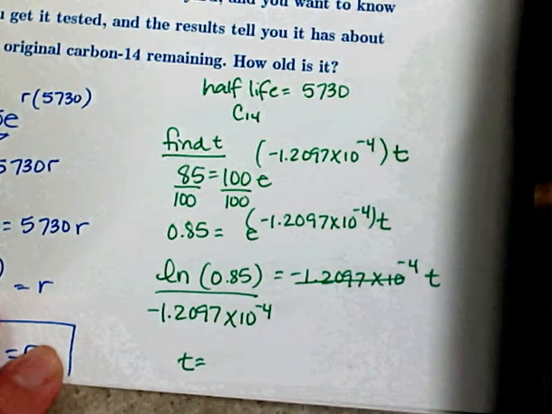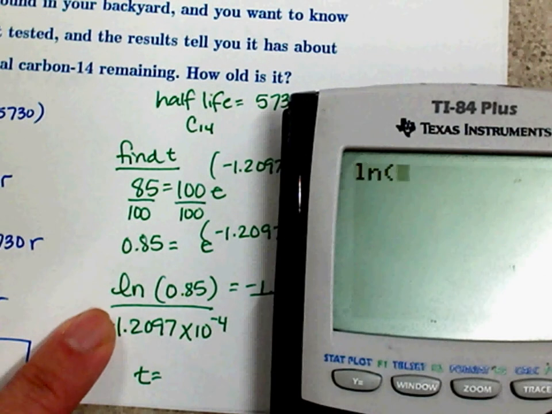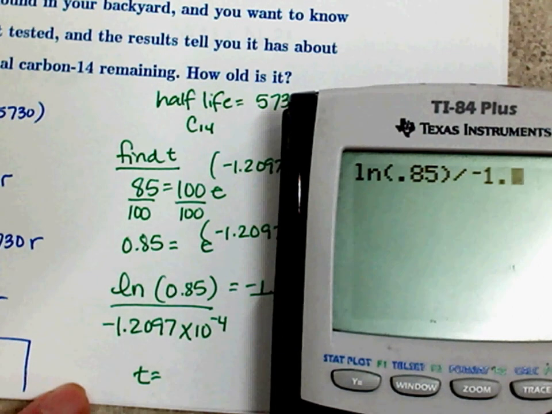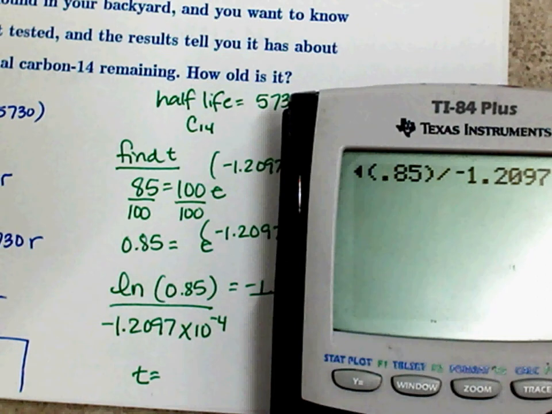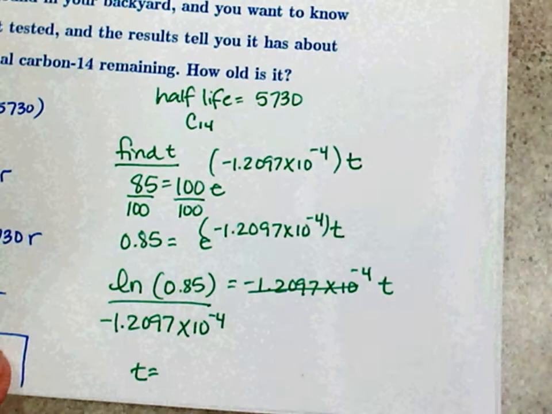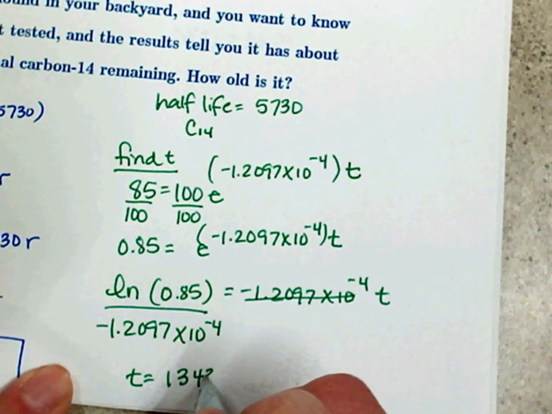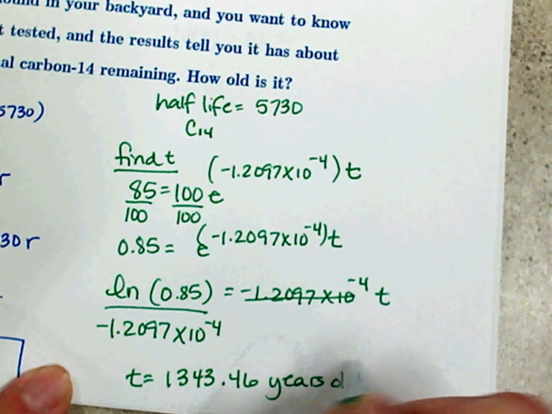Here we go. Natural log 0.85 in parentheses divided by negative 1.2097, second EE, negative 4. Just like that. Okay, so how old is this document? 1,343.46 years old.